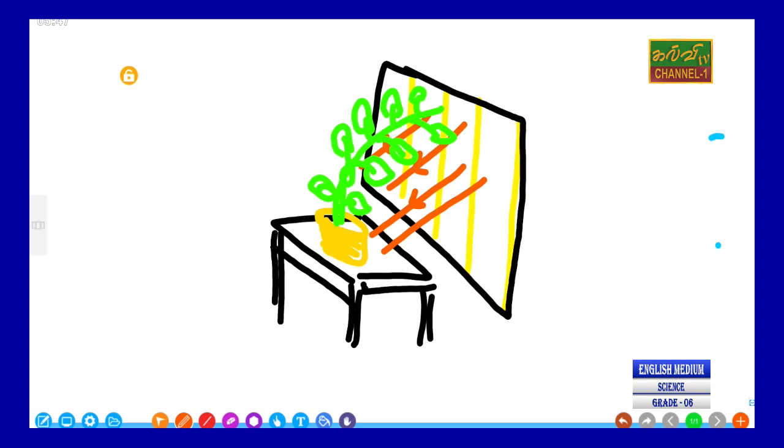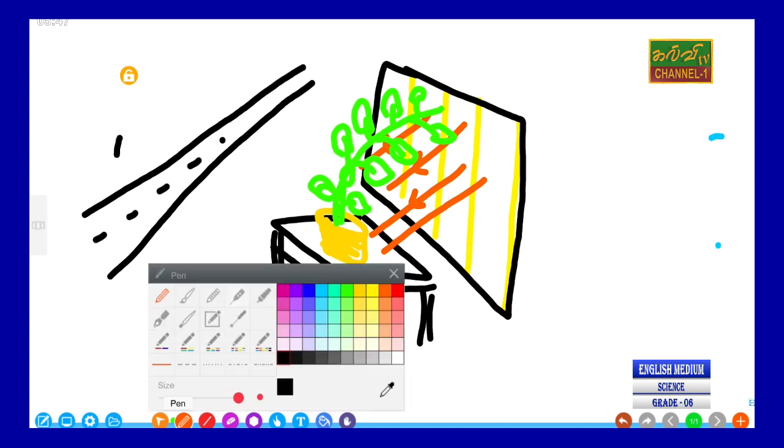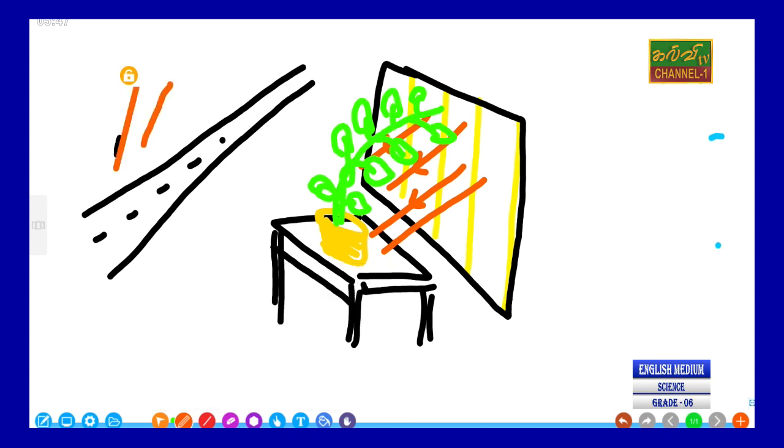I have seen when I went to Colombo, the road is here, and on both sides there are plants. Most of the plants, most of the branches, are coming close to the road.